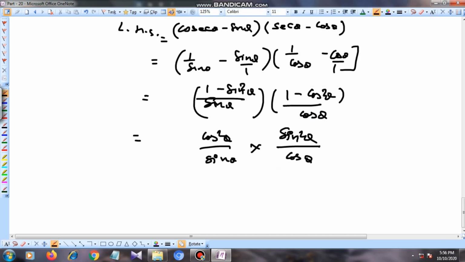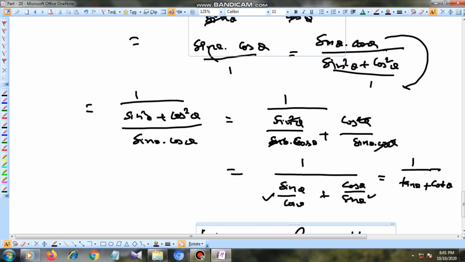Now this sin theta cancels this power and this cos theta cancels this power. So the rest is sin theta into cos theta, which can be written upon 1.